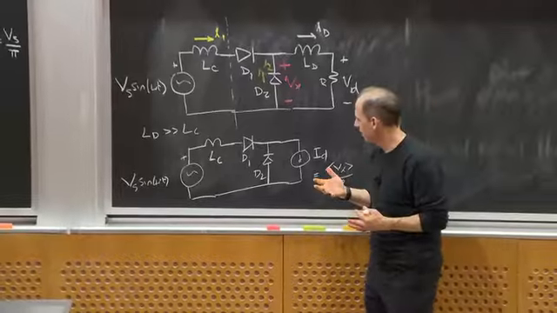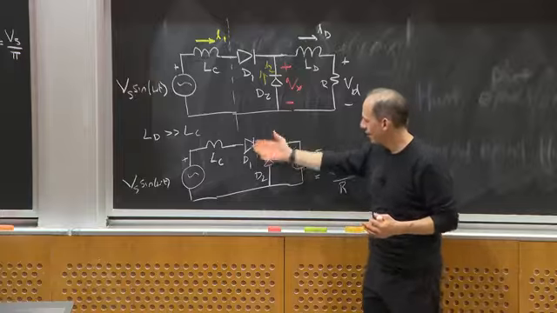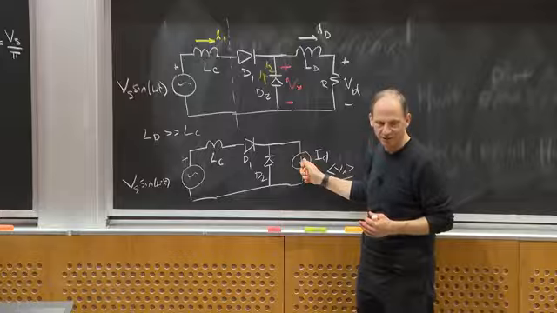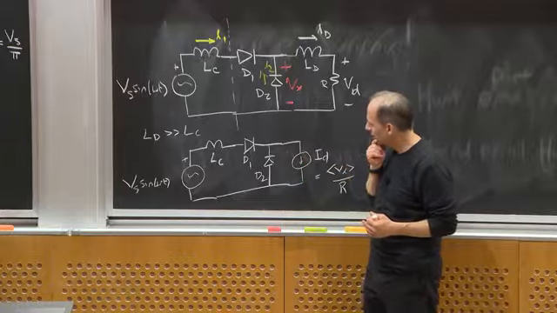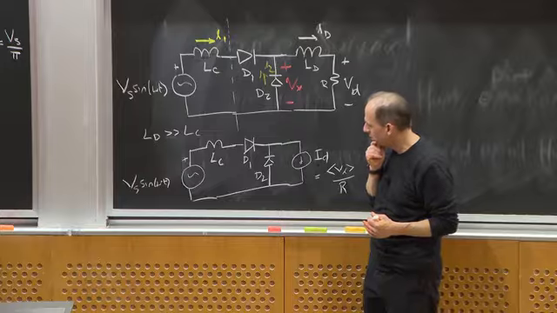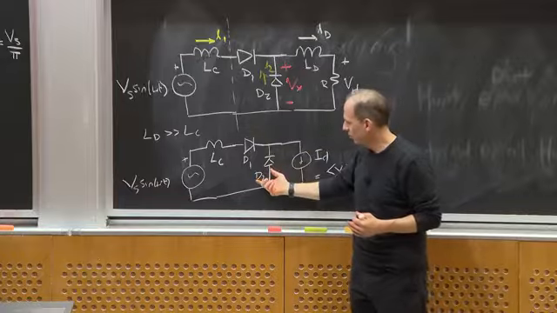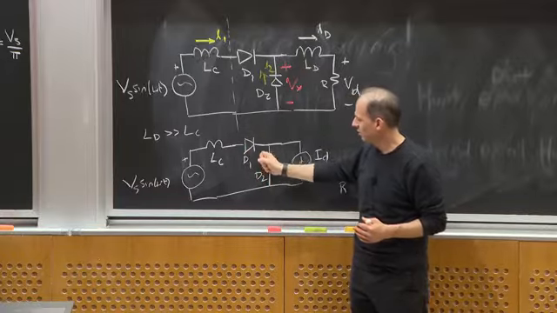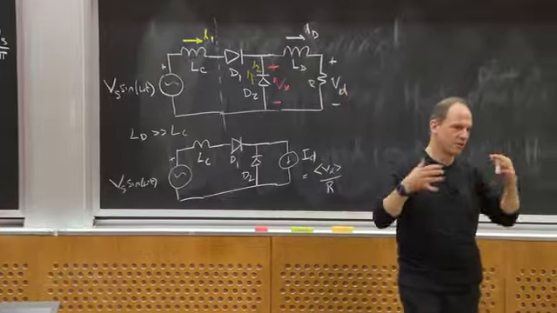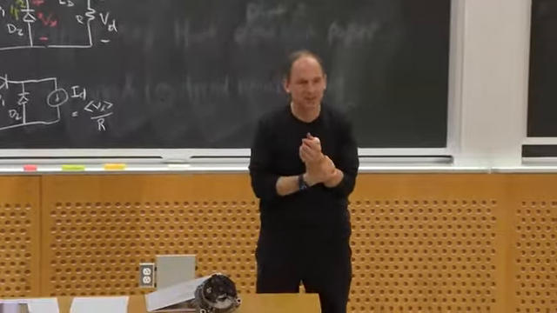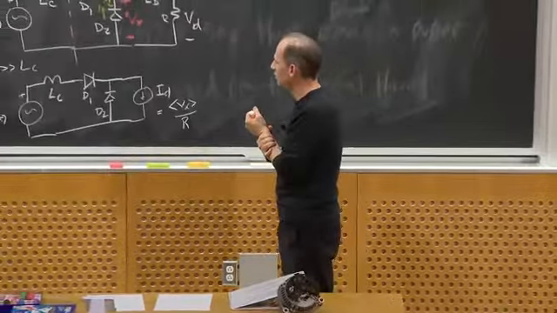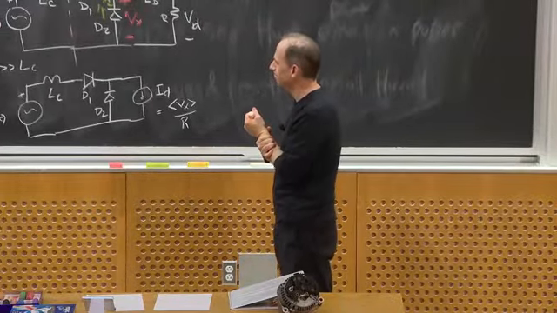One possible state is that both diodes are off, but because I have a current here, both diodes can't be off. Another possible state would be both diodes on. A third possible state would be D1 on and D2 off. And a fourth possible state would be D2 on and D1 off. That's our universe of possibilities in analyzing this thing. So let's go through and analyze and see what we get as we go along.